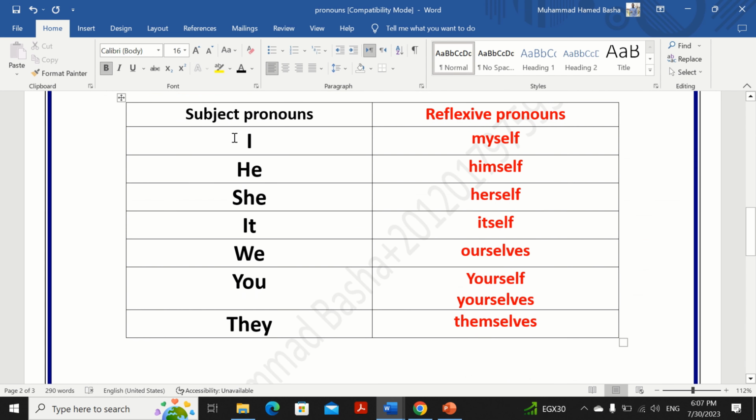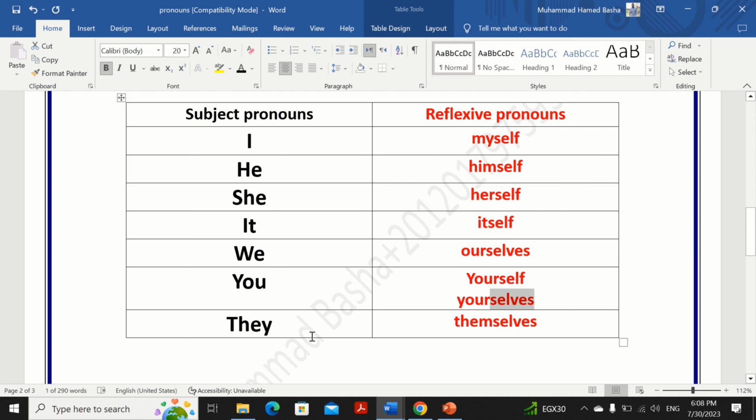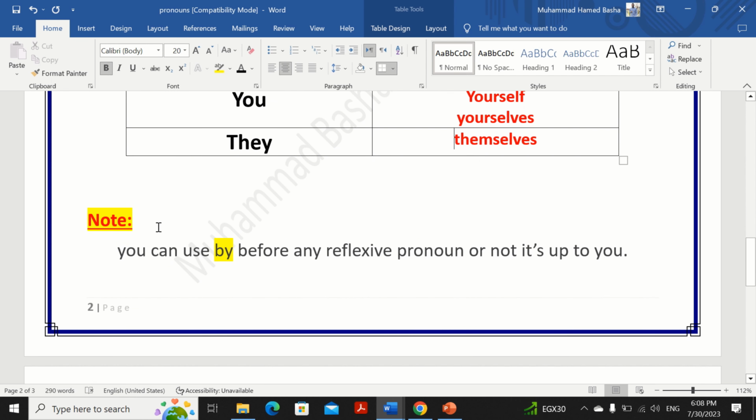Subject pronouns and their reflexive pronouns: I, myself; he, himself; she, herself; it, itself; we, ourselves; you, yourself or yourselves, according to the subject, singular or plural. Singular, we use self. Plural, we use selves. They, themselves. Note, you can use by before any reflexive pronoun, or you can drop it. It's up to you.